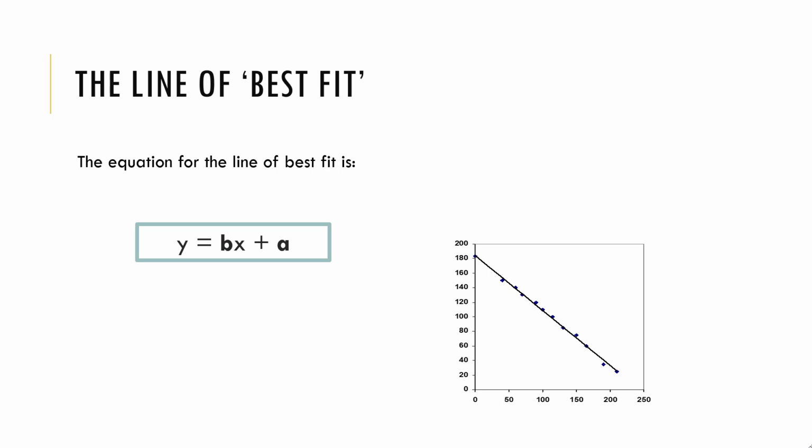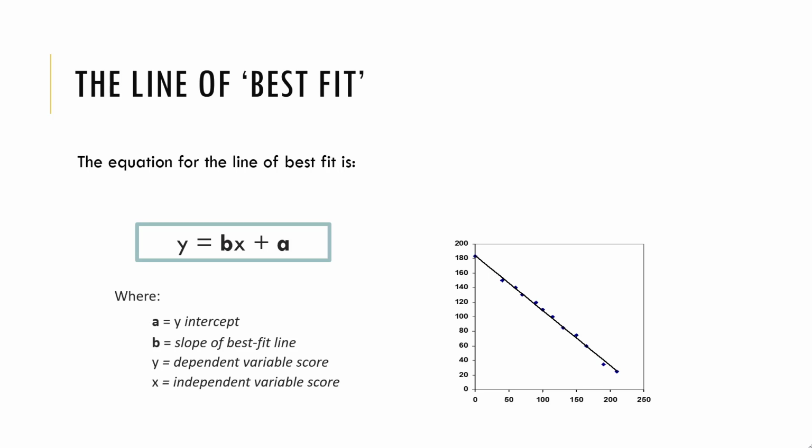And then we've got a series of other terms: we've got b times x, multiply x by b, plus a. So in this example, b is the slope of the line of best fit. X is whatever we scored on our independent variable, and a is the intercept.